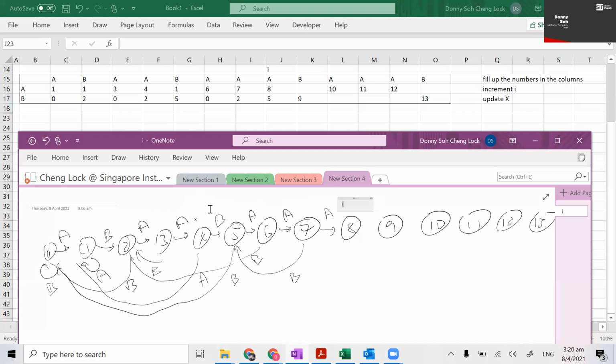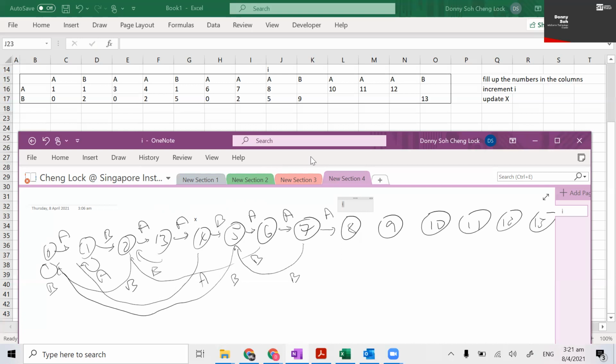If it sees another A, it will go to states. Let us see where it will go to. Sees another A. It will go to state number 1. So X, if it sees another A, this goes all the way back to state number 1.